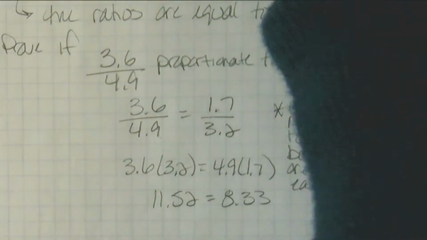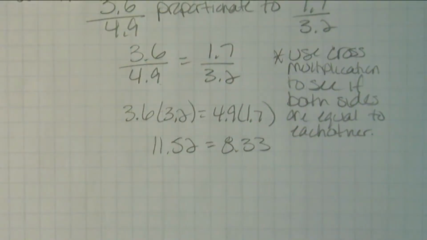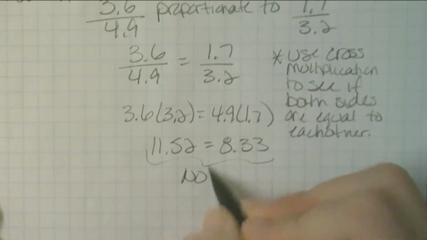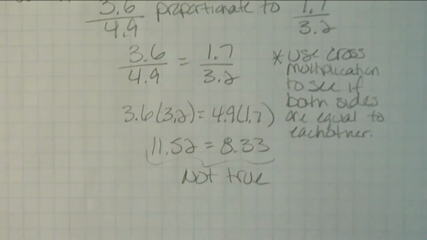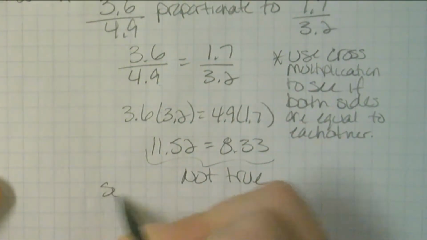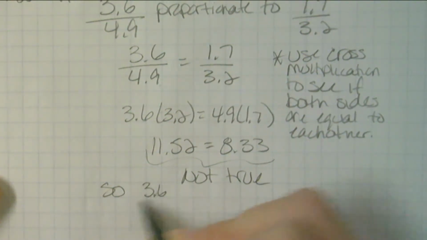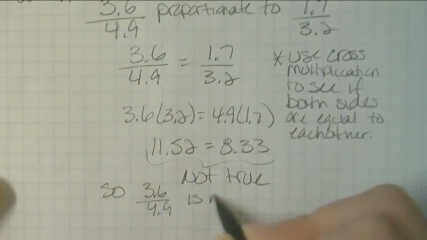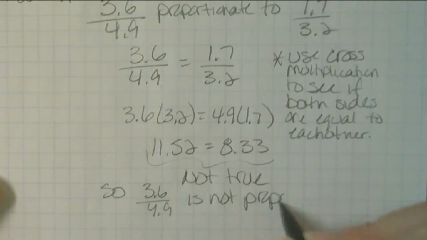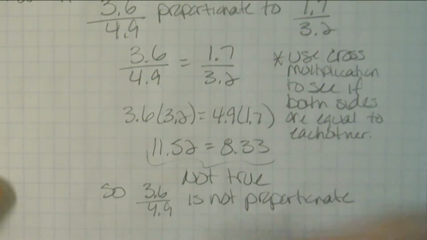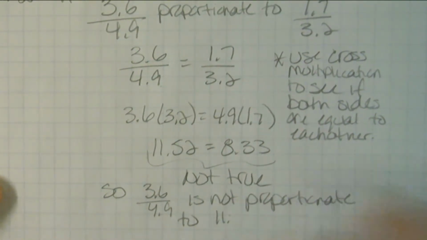So if you do this cross multiplication, you end up with 11.52 is equal to 8.53. How many of you guys got that? So what this says is, this is not true. They are not equal. So 3.6 over 4.9 is not proportionate to 1.7 over 3.2.